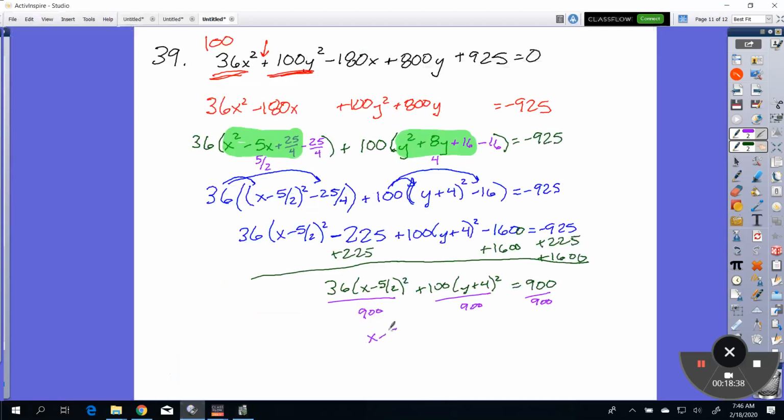So this becomes x minus 5/2 squared over 25. 100 and 900, that reduces to be 1/9. So plus y plus 4 squared over 9 equals 1. So now it's set up in the standard form. Wow. And from there we can calculate the center is going to be 5/2, negative 4. And we can draw it and get all of those points.